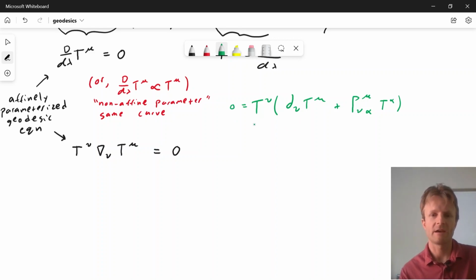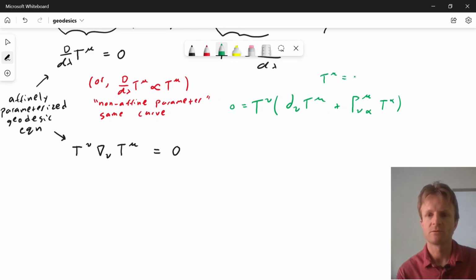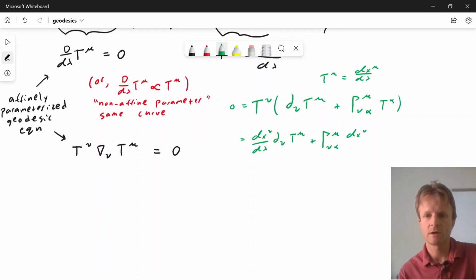And then the nice way of writing this is to remember that the tangent vector does have a nice formula in terms of coordinate components, dx^mu d lambda. And so we can write this one as dx^nu d lambda del nu t^mu. That's the first term. And then the second term is the Christoffel symbol, with 2 copies of the tangent vector, which I'm writing out as dx d lambda.